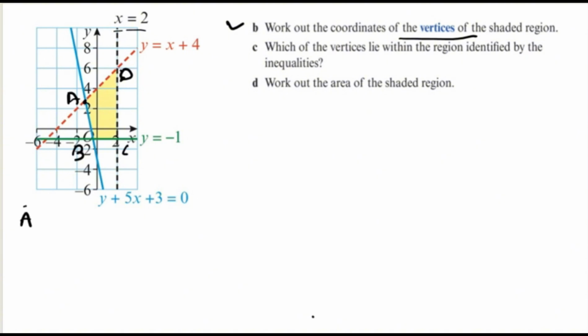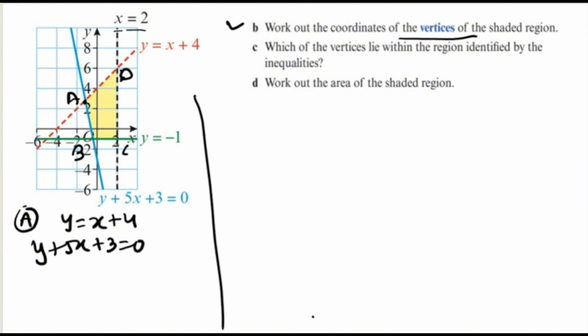For example, for A, we have a line y equal to x plus 4 and another line is y plus 5x plus 3 equal to 0. So first we have to equate x plus 4 is equal to minus 5x minus 3. So we can say 6x equal to minus 7. So x is equal to minus 7 over 6.